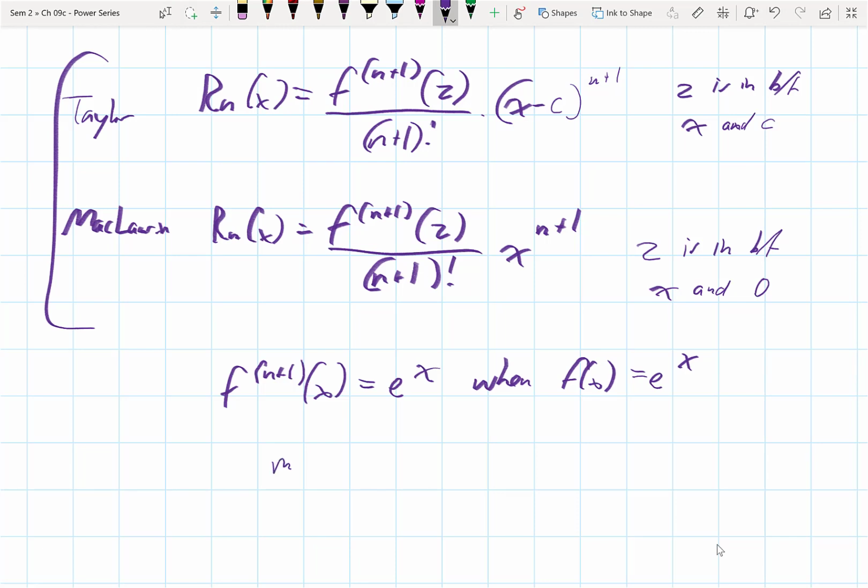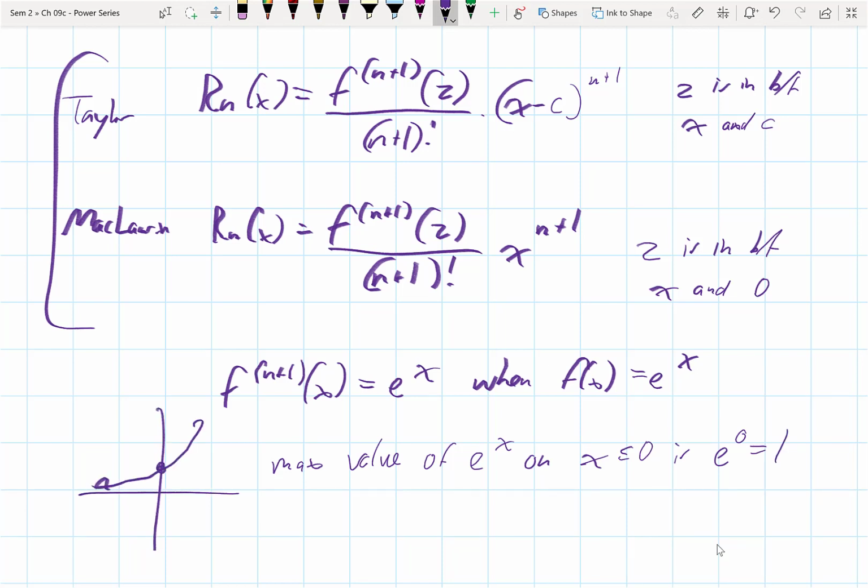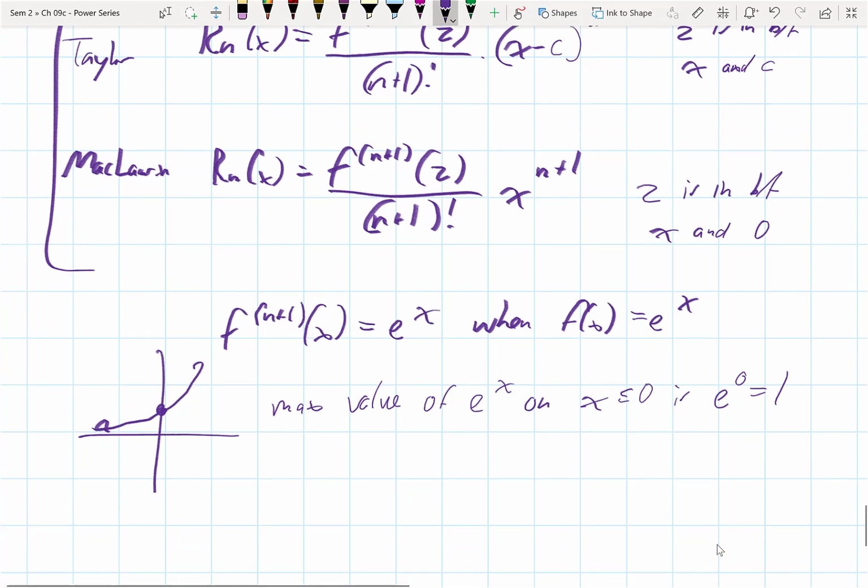And I also know that the max value of e to the x on any x less than or equal to 0 is e to the 0, which is 1. We already established that before because e to the x increases, and its max value when x is less than or equal to 0 is 1. The most it ever reaches is 1.